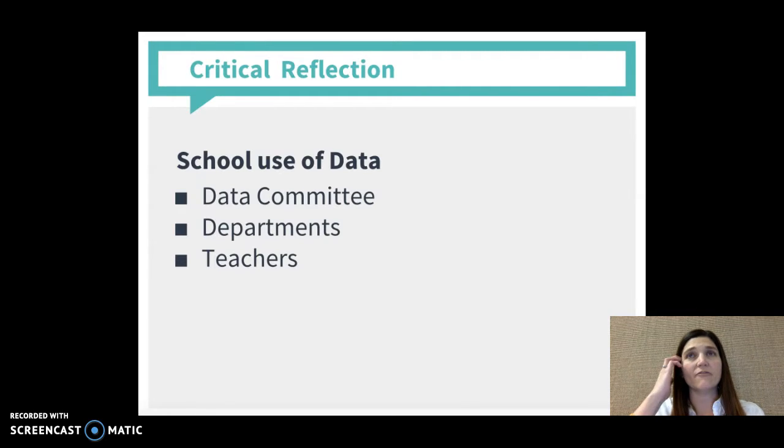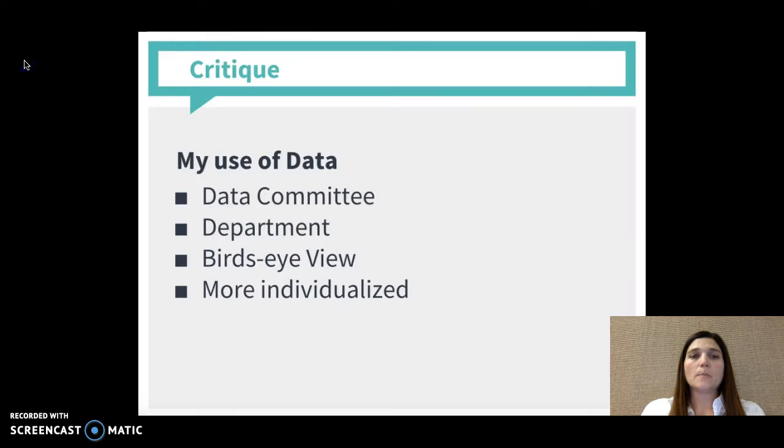So we can informally gather data as well, but this formal data committee is who really looks at that information. We also meet in departments, and we look at data and make decisions there. And then as teachers, overall, we look at data, and that includes academic data as well as some demographic information and behavior and other things like that.